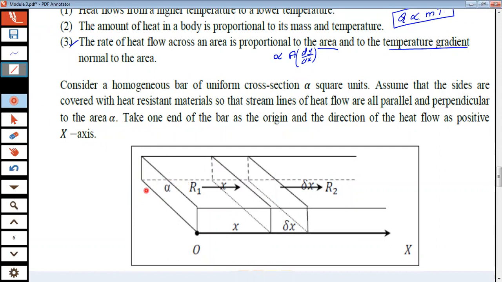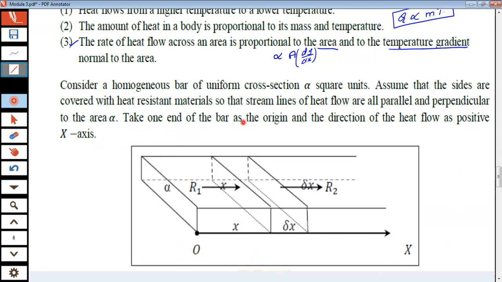So first we have taken a uniform cross-sectional homogeneous bar, and this cross-sectional area is α, and the sides of this bar are insulated so that the streamlines of heat flow are always parallel and perpendicular to this area.